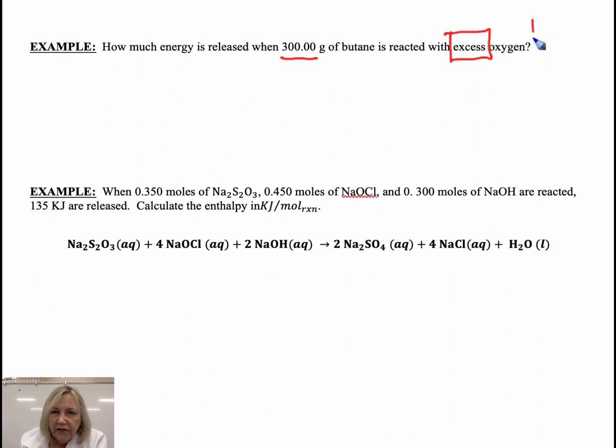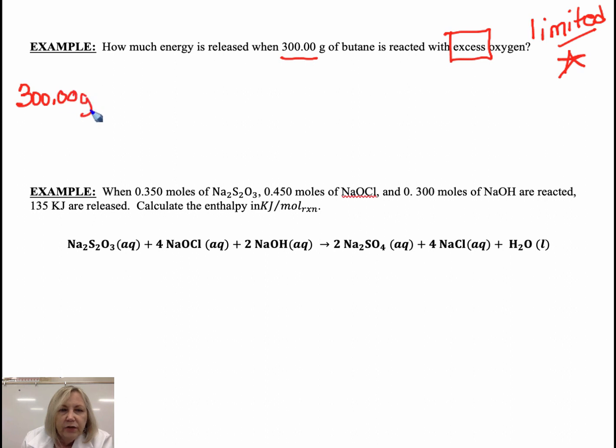It's very important that if you have a reaction, your energy is going to be limited by your limiting reagent, just like the grams or volume or amount of product is limited by the limiting reactant. In this case, I have excess oxygen, so I can focus on my butane. So I have 300.00 grams of my butane, C4H10. I need to get to moles, so I can relate moles of butane to moles of reaction.